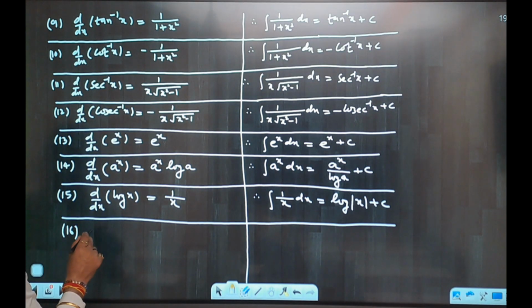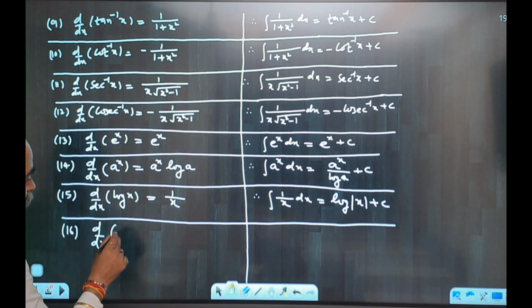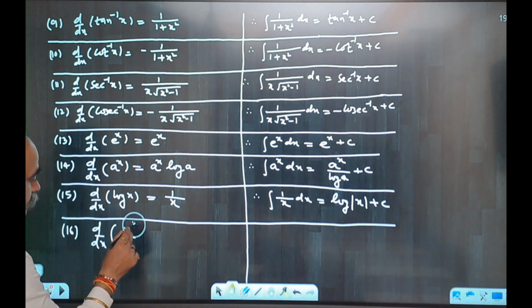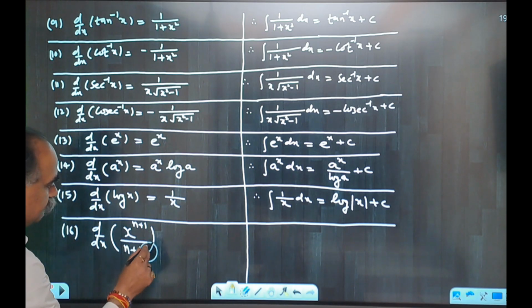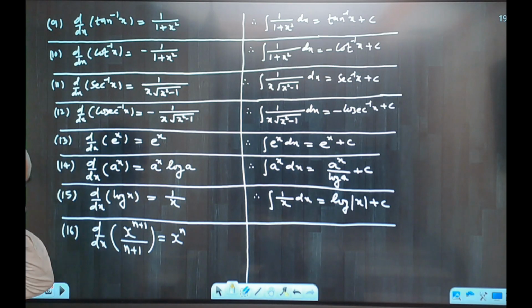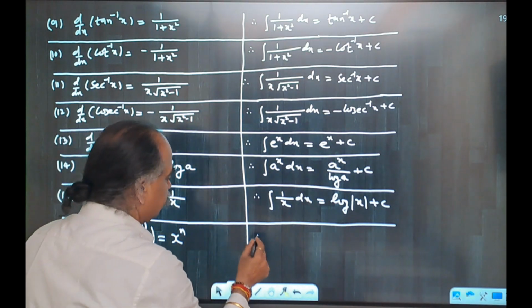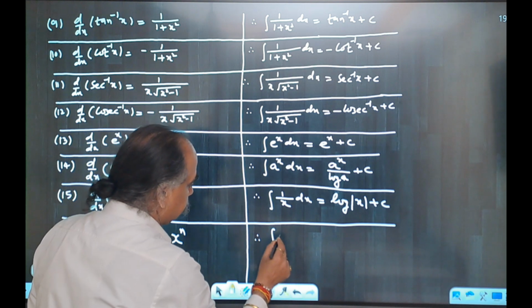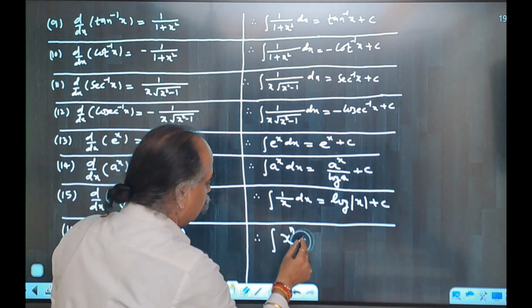And 16th is derivative of x raised to n plus 1 upon n plus 1 is what? X raised to n. Derivative of this is this. Therefore, integration of x raised to n dx will be what?